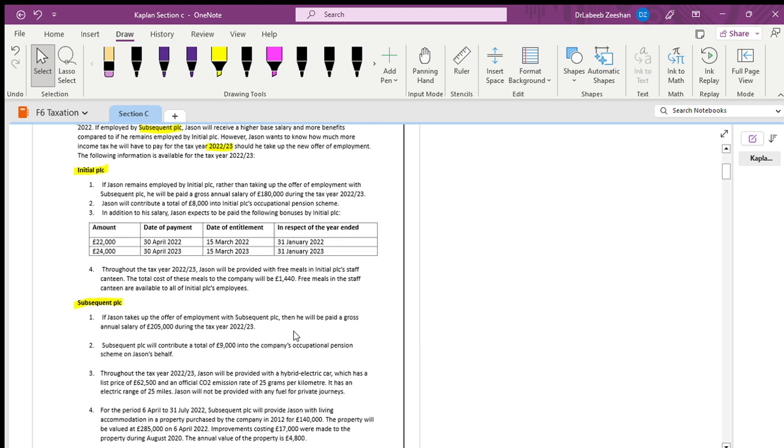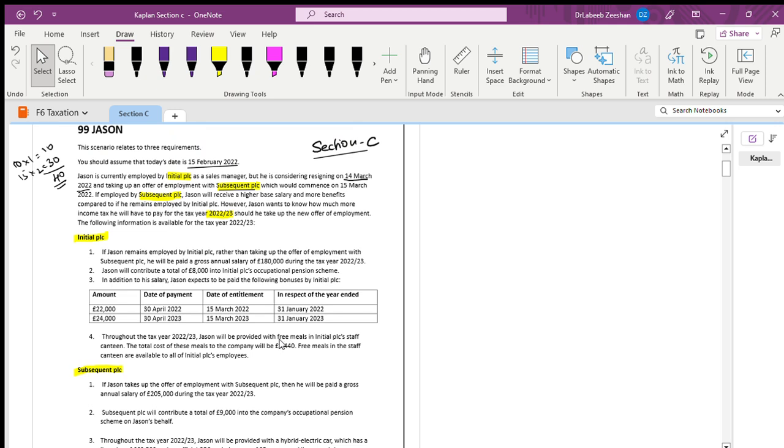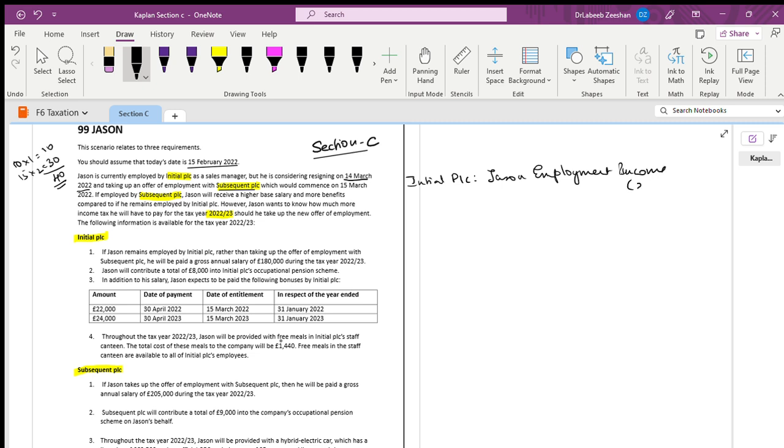Next one. What are they asking us? They are asking us what the initial is. First we will calculate the initial PLC employment income (2022-23).